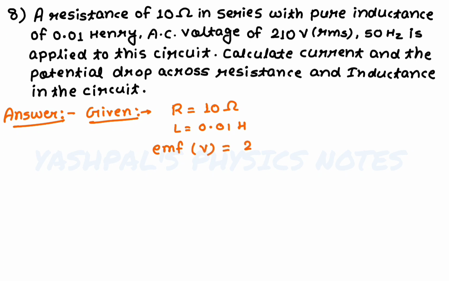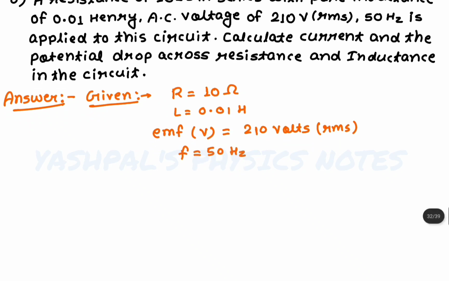It is given as 210 volts. It is RMS, that is root mean square. Then 50 Hertz. So here frequency is also given as 50 Hertz. That was it for the given data.